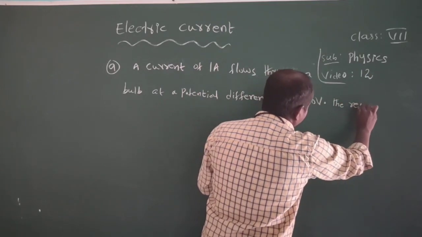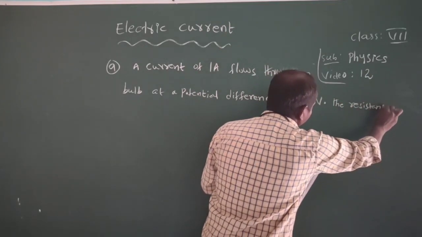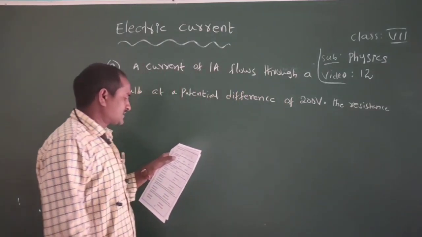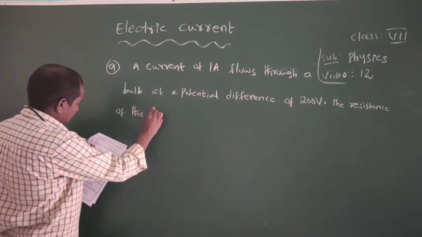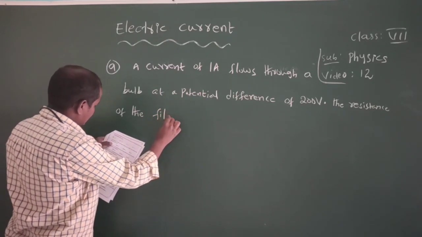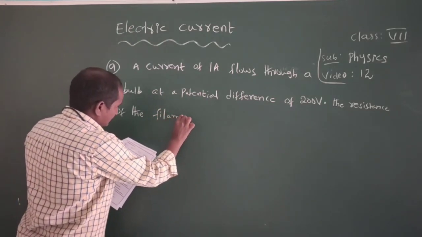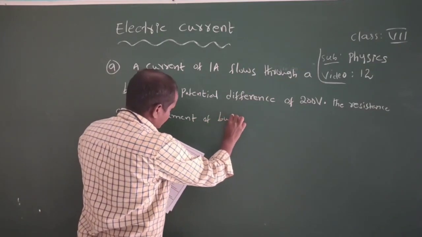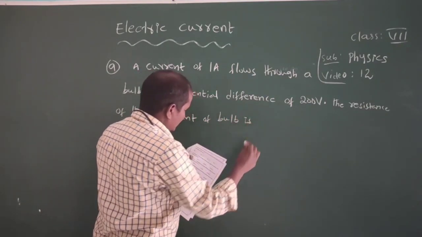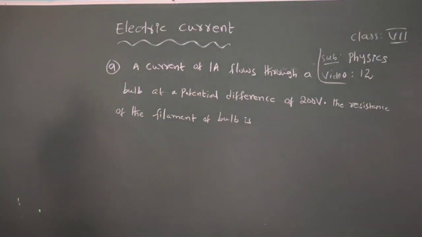The resistance of the filament of the bulb is?